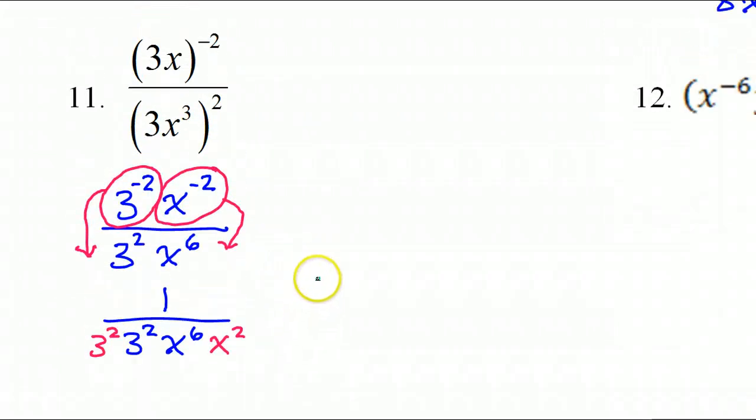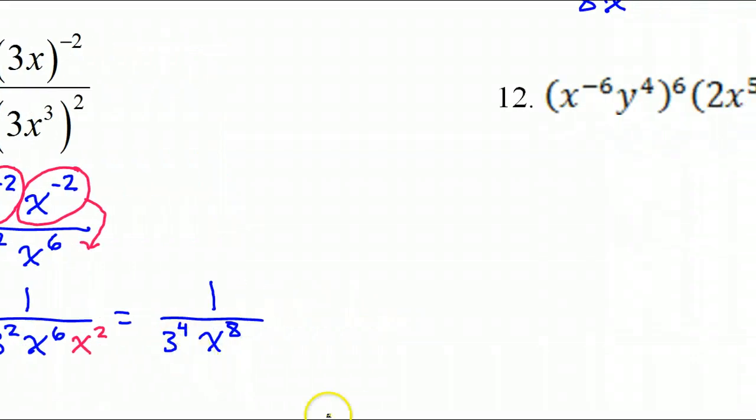Let's see, how much room do I have? Better start going across. Okay, this is going to give me 3 to the 4th power, 2 plus 2. Just like this is going to give me x to the 8th power, 6 plus 2. Now, I told you you could leave it 3 to the 4th power for this quiz if you wanted to.